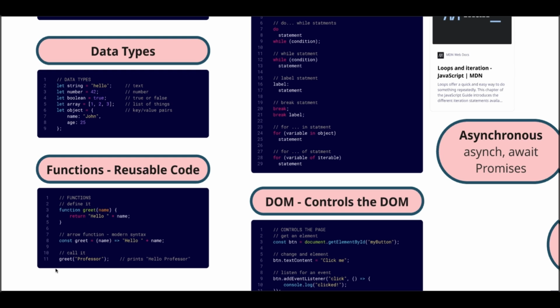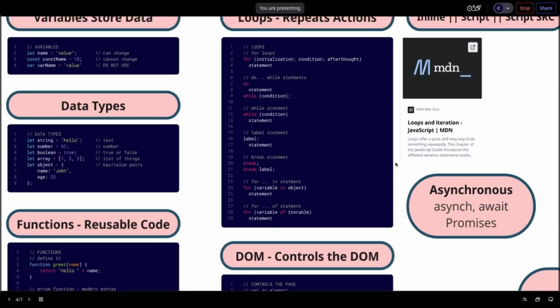In order to call the function, you can see on line 10 in this example here, call it here, it would say greet, and then the variable that would be put in would be professor in this case, and then it would say hello professor on calling the function. The arrow function is a modern syntax that simplifies those as well.